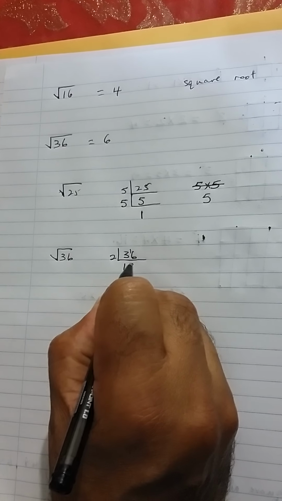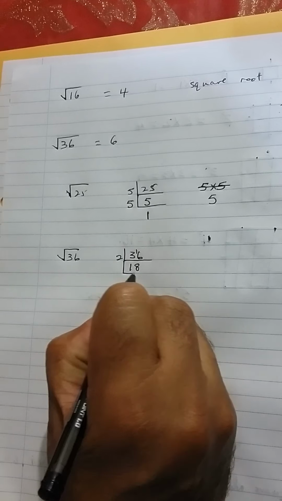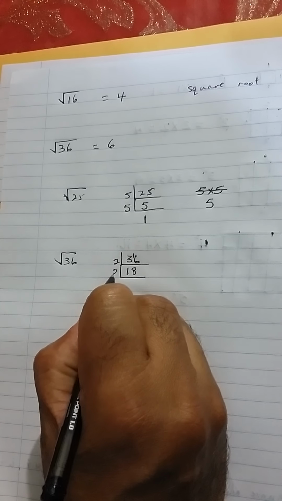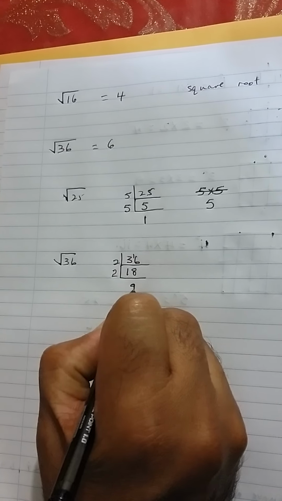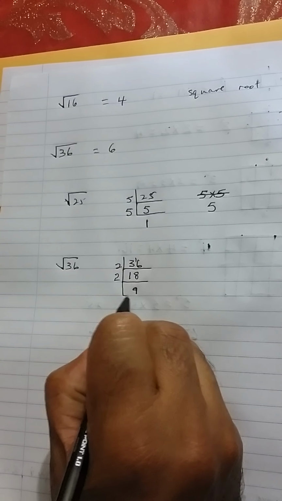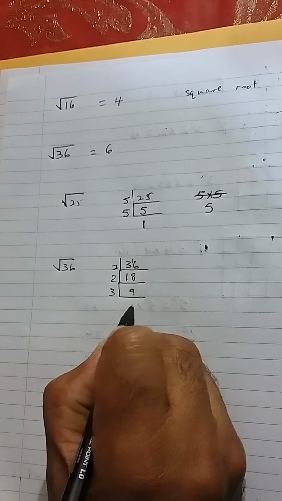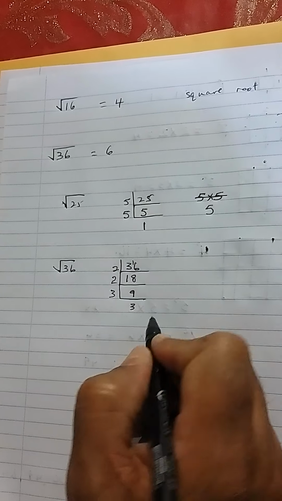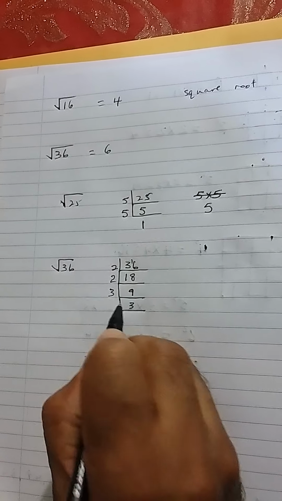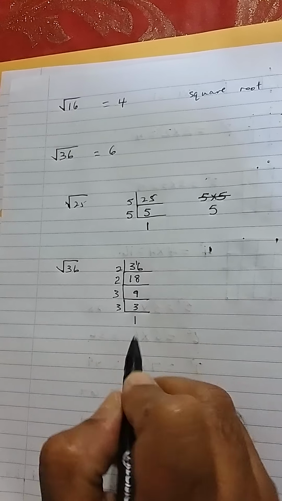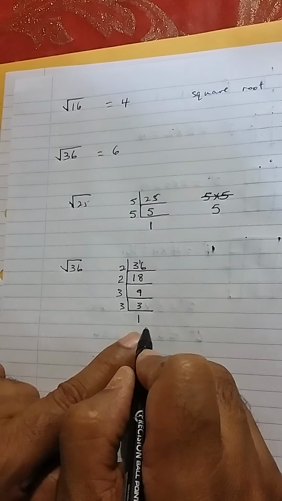Remainder 1, 2 into 16, 8. Can we try 2 again? Yes, because it's even. 2 into 18, 9. Can we try 2 again? No, because it's odd. Can we try 3? Yes, 3 can go into 9. 3 into 9, 3. And 3 into 3, 1. So we worked until we got 1.